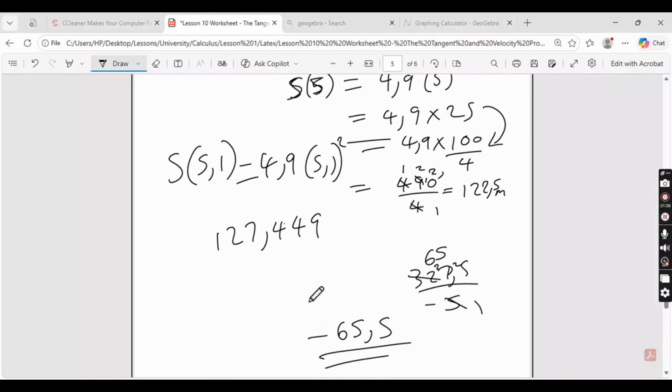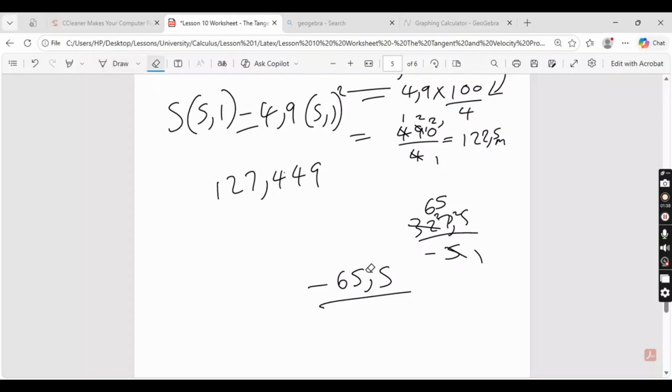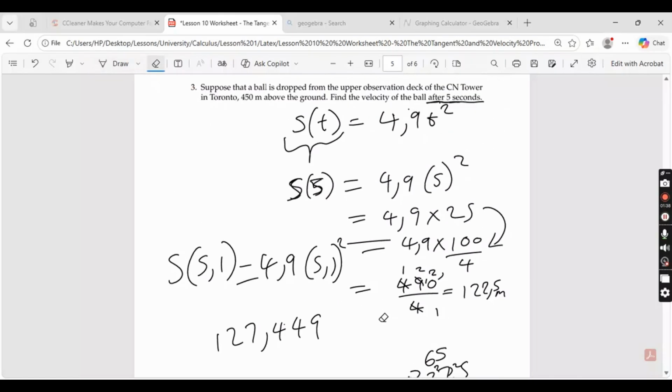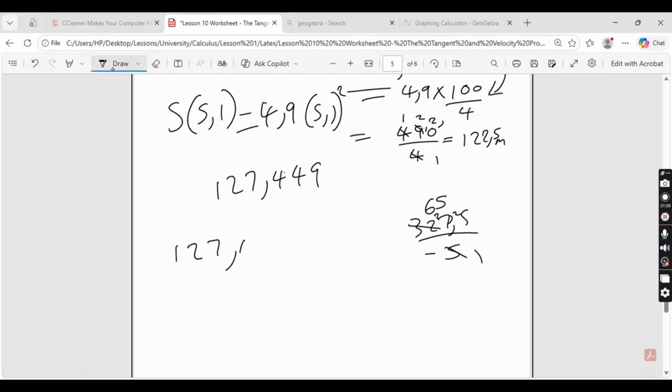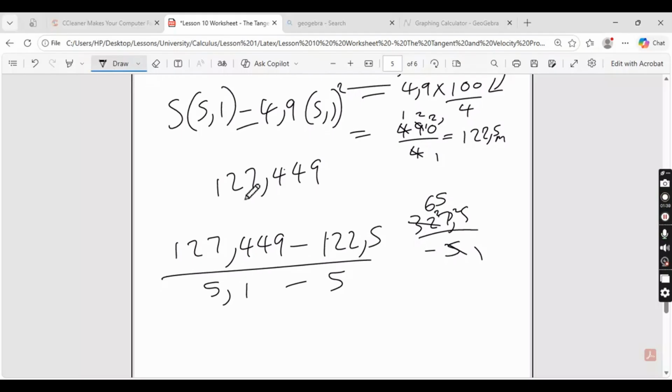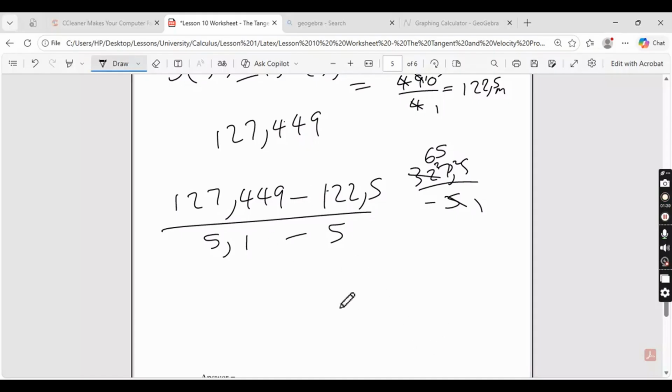So now we are going to say 127.449 minus 122.5 over 5.1 minus 5, right?